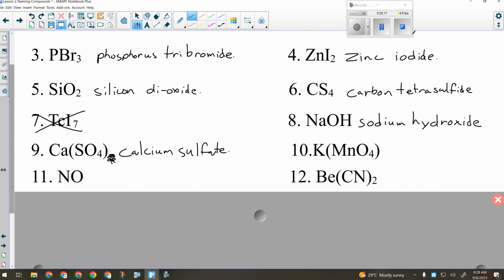All right, what about number 10? Potassium permanganate. Potassium permanganate. All right, this stuff is interesting. It used to be used as an antifungal. People would rub it on their feet, especially soldiers during World War I and II, and it would keep them from getting fungus on their feet.